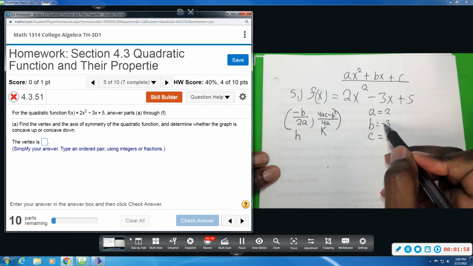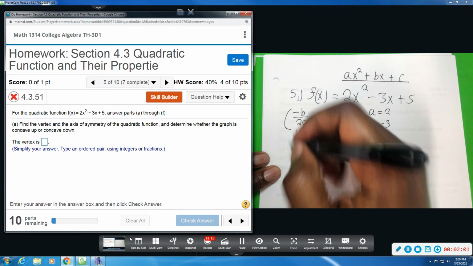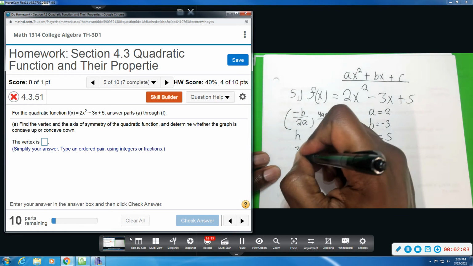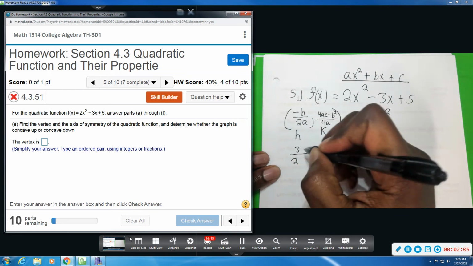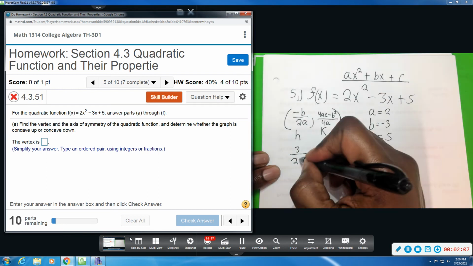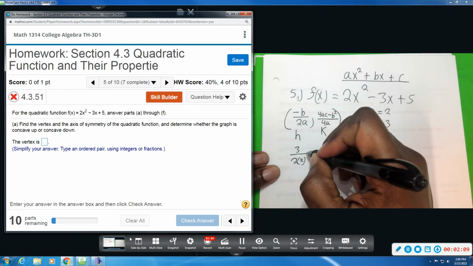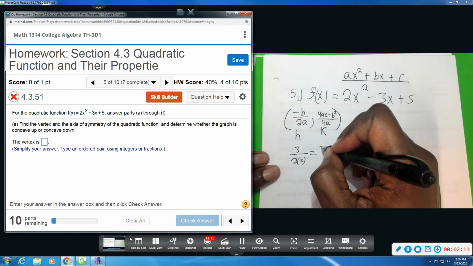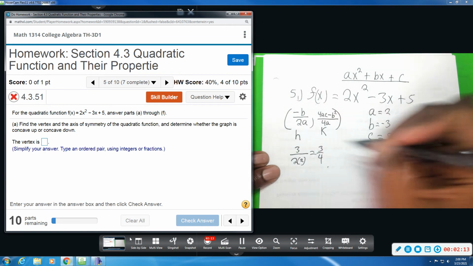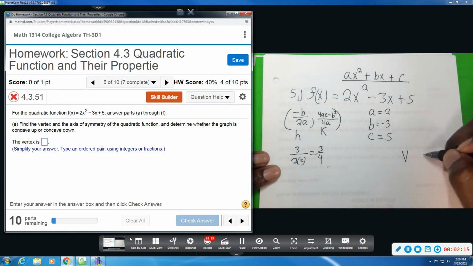When I plug in negative 3 to negative b, it becomes positive. So I have 3 over 2 times a, and a is 2. So this gives me 3 over 4. So for my vertex, my x-coordinate is 3 over 4.